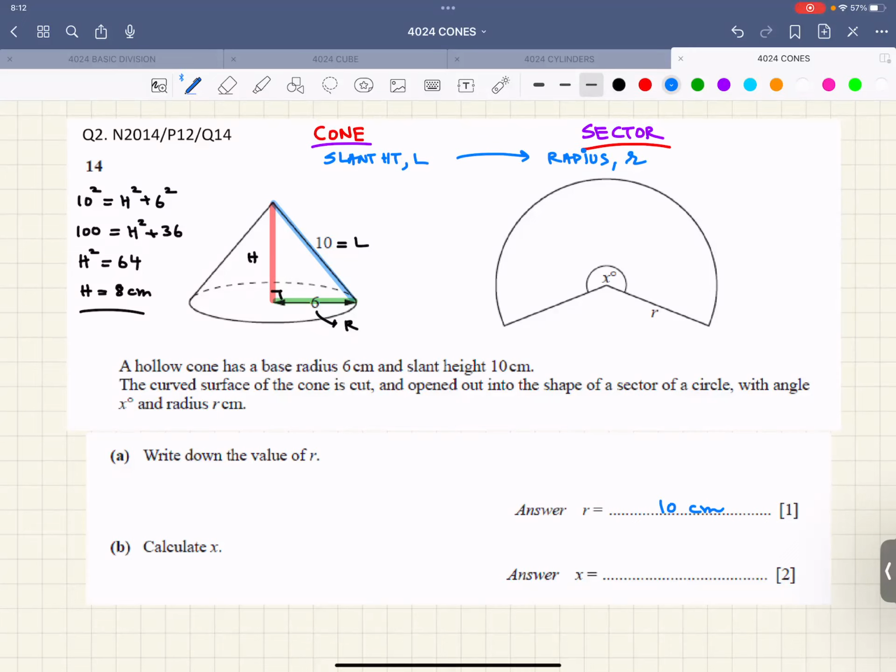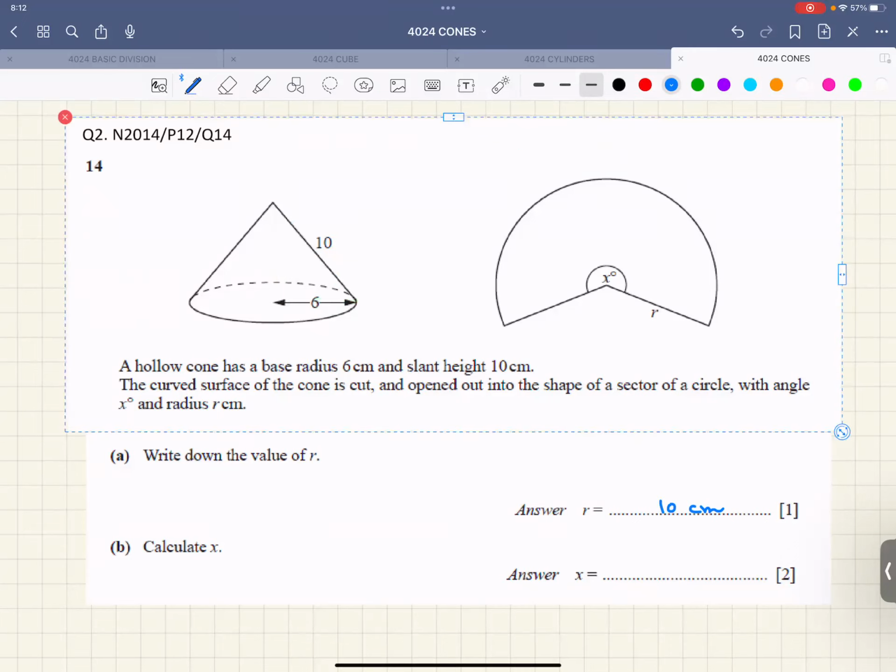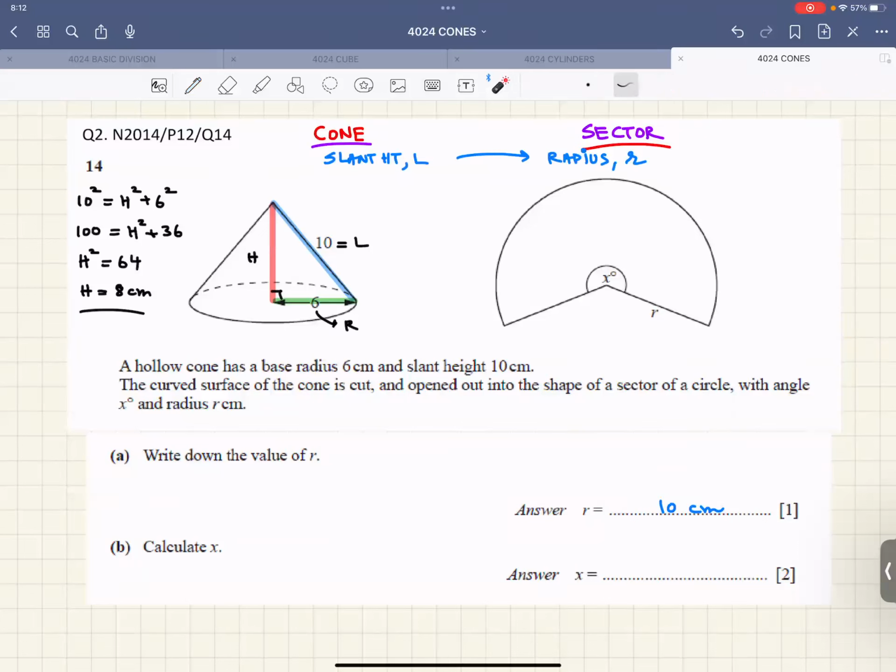What else is there? Calculate x. Now, if I want to calculate x, I know that the circumference of this base actually becomes the arc length of this sector. So circumference of the cone, which is 2 pi r, will become the arc length.